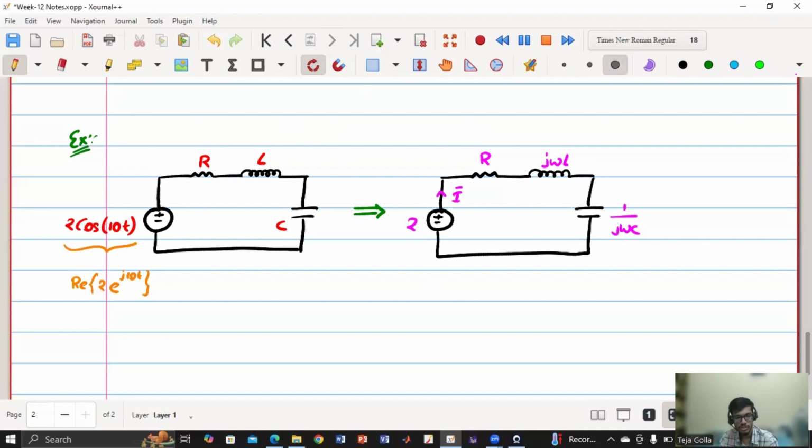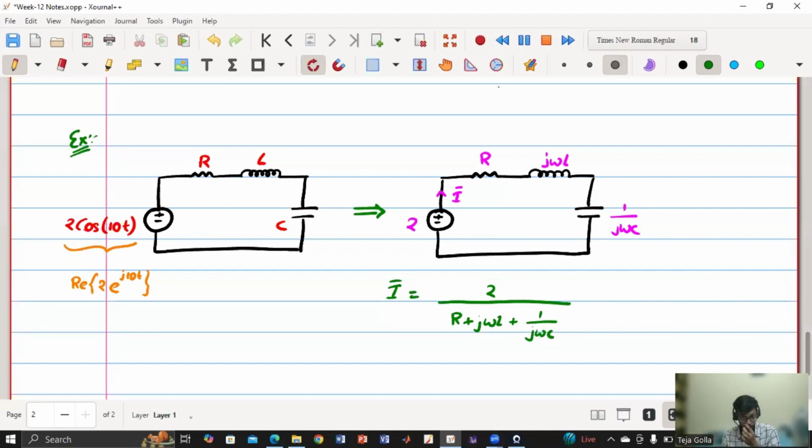If I ask you to calculate something in the time domain, then at the end we will write real part of phasor into e to the power j omega t. Yes, 2 angle 0 degree, you are absolutely right. Now if I have to calculate I phasor, I will get 2 by R plus j omega L plus 1 by j omega c.